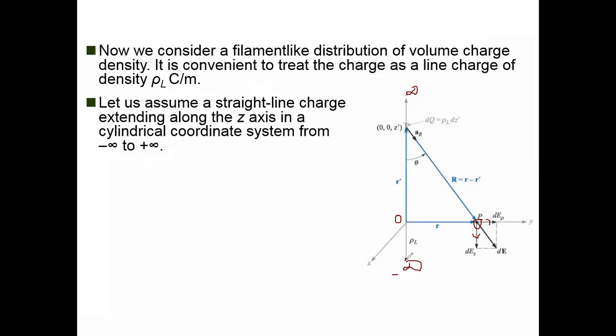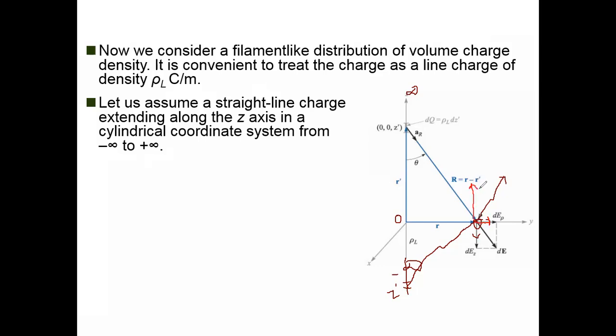Suppose at the same distance downward, try to understand this one, if I take an infinitesimally small element, the direction of the field would have been like this. Yes or no? Again, if we resolve this, it will have two components: one horizontal component, and another a vertically upward component.